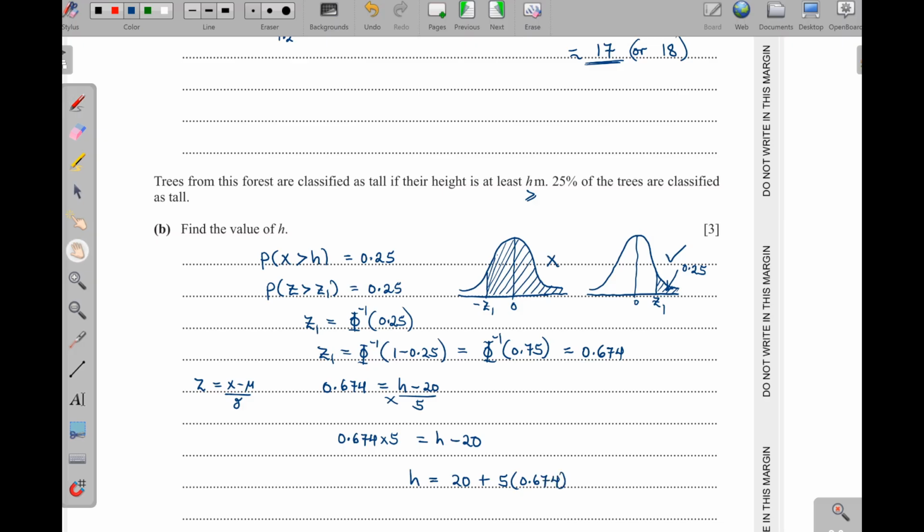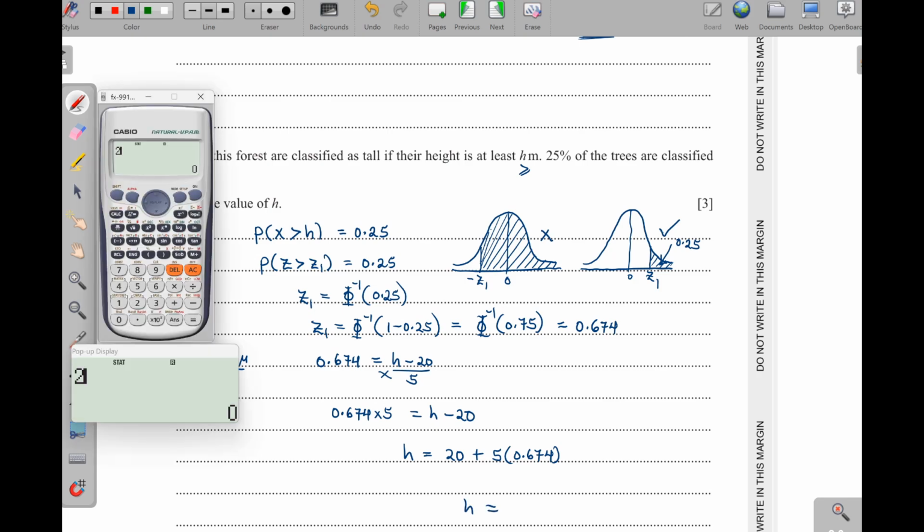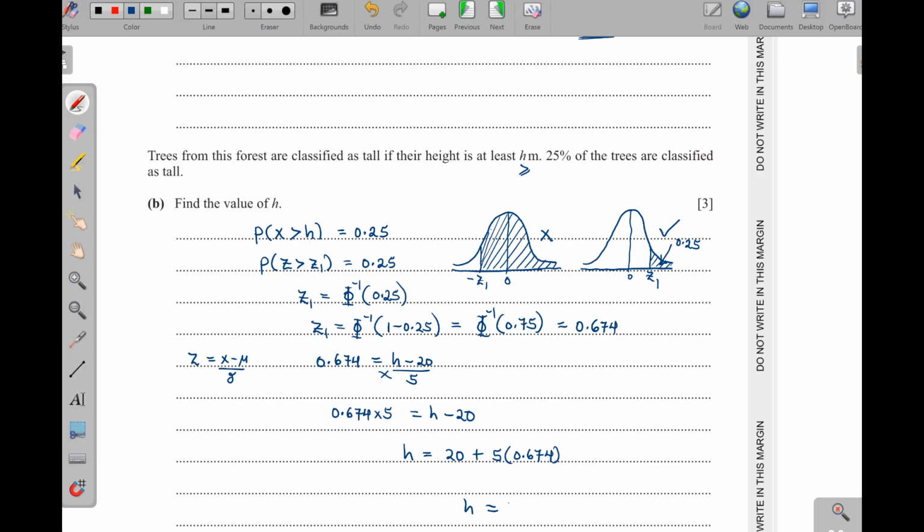And then finally, we get our answer as h equal to 20 plus 5 into 0.674. So we get 23.37, or you can write 23.4 to 3 significant figures, as simple as that.